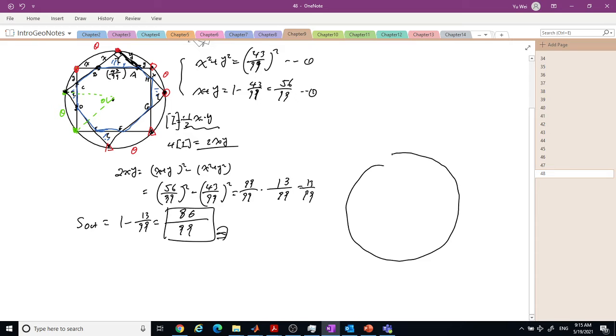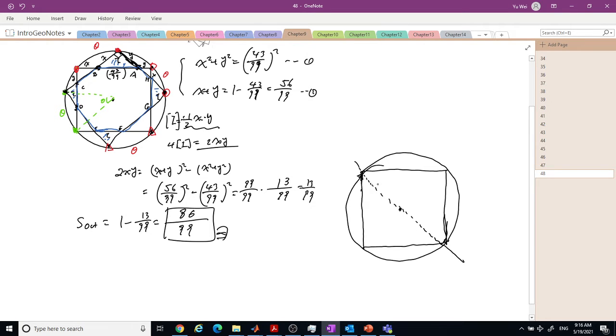So the first approach: we have a circle, then we have a center, and there is a square in the middle. Let's see what happens after rotation. Let's draw a center and a diameter.